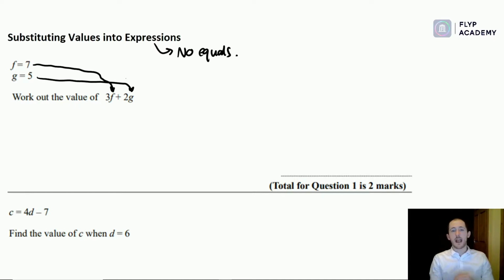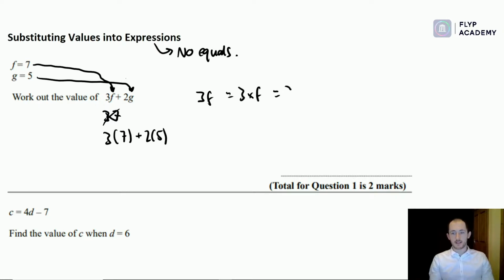This is where we have to use brackets, because instead of writing 37, that's incorrect. You need to write 3, open bracket 7, plus 2, open bracket 5. The reason for that is when we write 3f, we mean 3 times f.